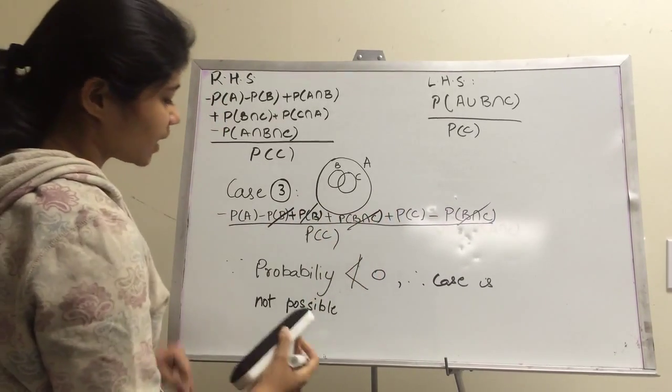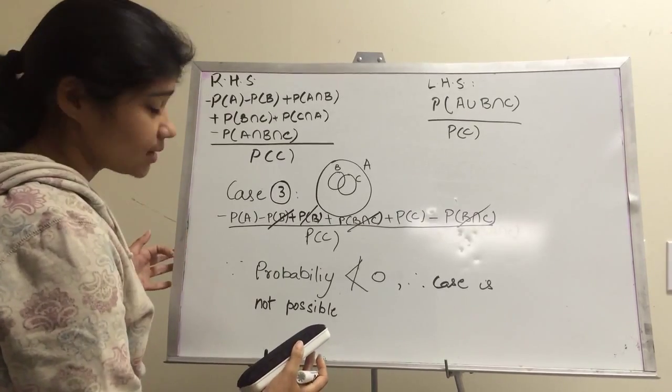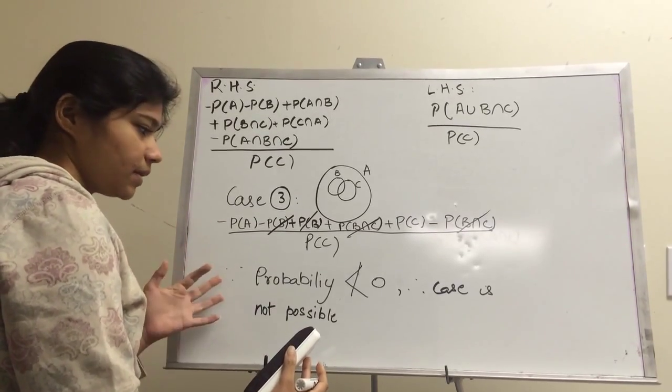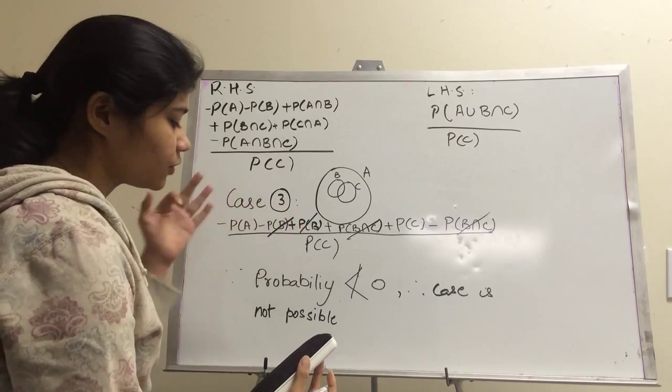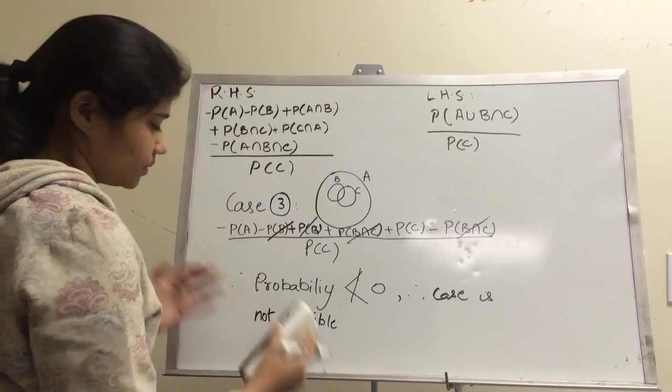Yet again we found that this probability is coming out to be negative, and since probability can never be less than 0, therefore the case is not possible.